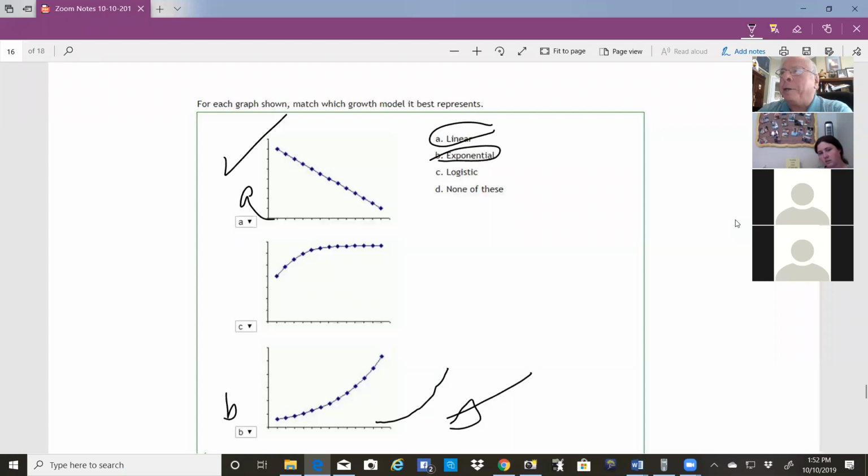But it turns out there's another kind of function that I'll just draw here. It may start out like it's increasing pretty rapidly, but it may flatten out. And that's called a logistic curve, okay? We're not going to really have equations for that.